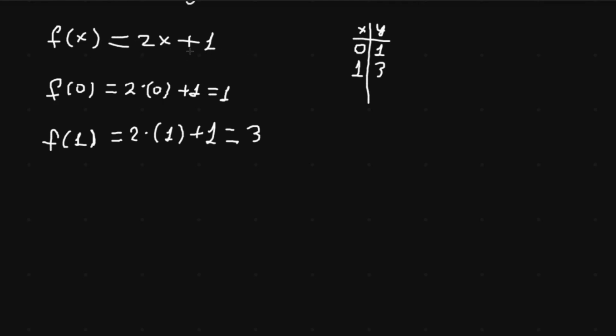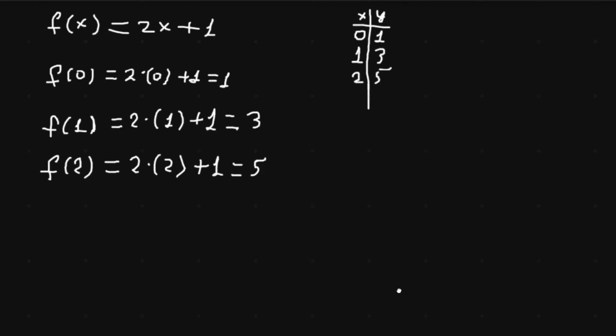For a straight line just 2 points are needed, but for the sake of practice, let's add another point. Let's say we input 2. f of 2 is equal to 2 times 2 plus 1. 2 times 2 is 4, 4 plus 1 is 5, so we got output 5. So x is equal to 2, y is equal to 5.